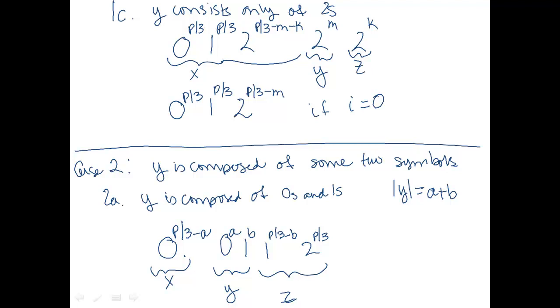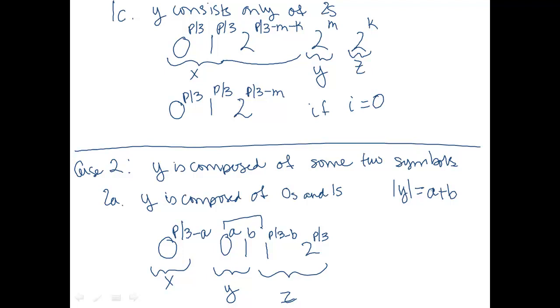All right, so here's our decomposition. What are we going to do? Well, we could do what we did before in pump down. That would absolutely work. What happens if I pump down? This bit goes away. And I'm left with p divided by 3 minus a zeros, p divided by 3 minus b ones, and p divided by 3 2's.